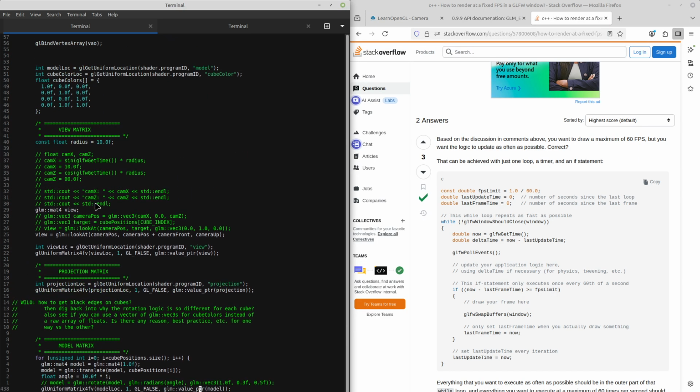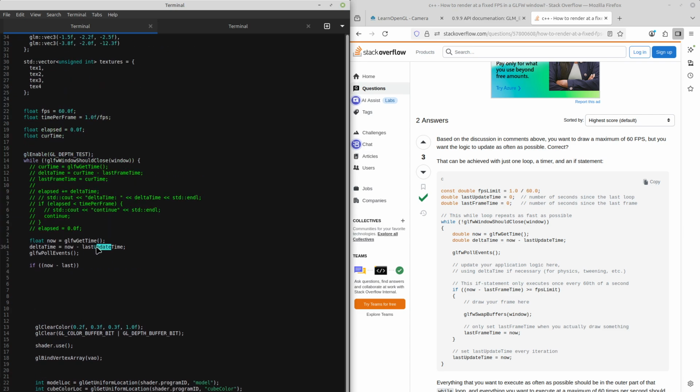Okay. So if now minus the last frame time, number of seconds since last frame. See, that's not FPS limit. This is confusing because it's not frames per second. 60 is the frames per second, but 1/60 is seconds per frame.